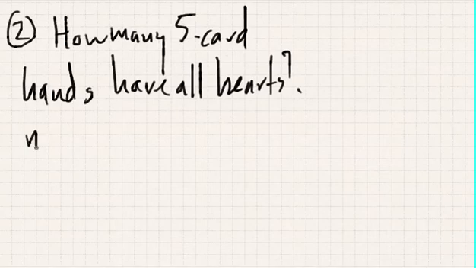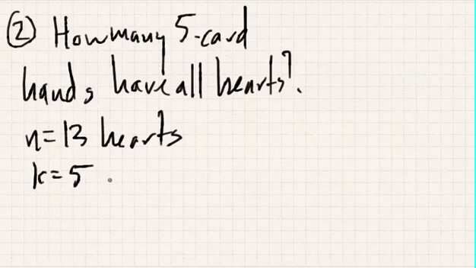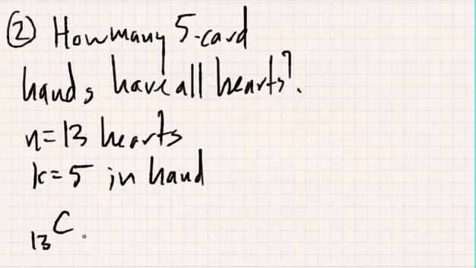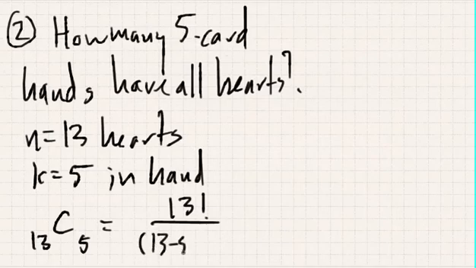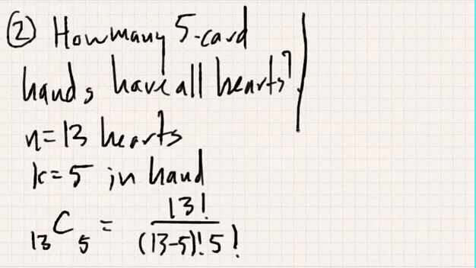Well, there are n equal to 13 hearts, and we're choosing k equal to 5 in our hand. So the total number here is going to be 13 choose 5, which is 13 factorial over 13 minus 5 factorial times 5 factorial. It doesn't matter if you write the 5 factorial first or last.